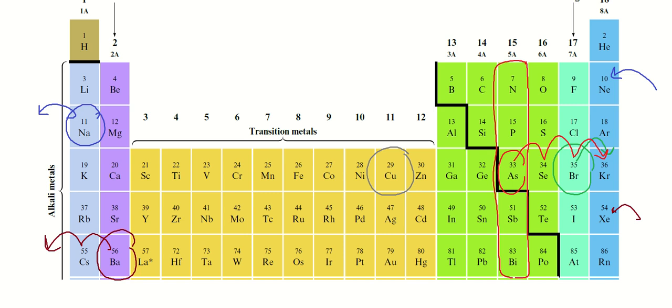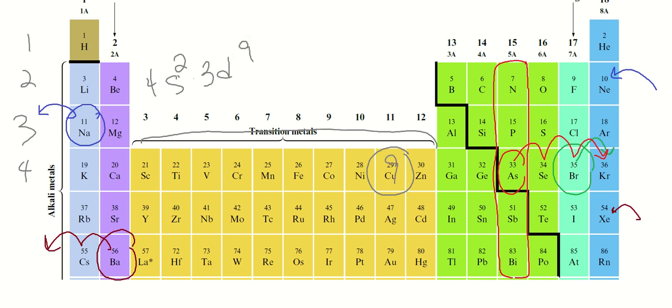But copper's electron configuration is 4s2, and then 3d, because this is your d block, 3d9, because it's in the 9th spot. But that's what you would get if you follow Aufbau. Actually, one of these electrons gets promoted to the d orbital, to get that d orbital full at the expense of one of the electrons in the s orbital.